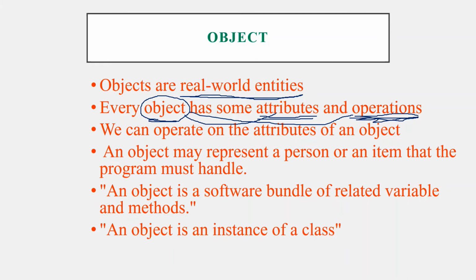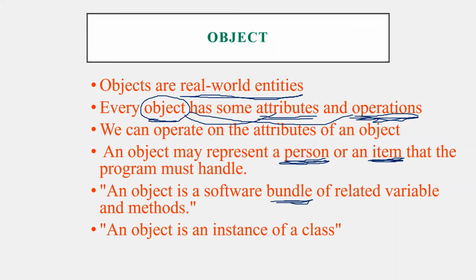An object may represent a person or any item that the program must handle. So real world entity means it must be an existing thing, an existing person or an existing thing is called an object. So these are some of the definitions of an object. An object is a software bundle of related variables and methods.